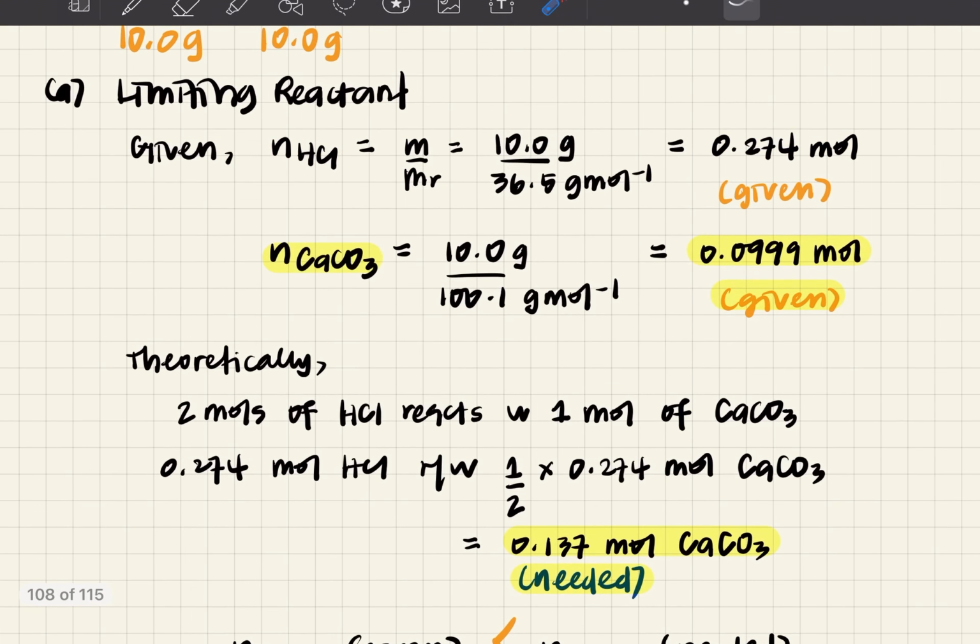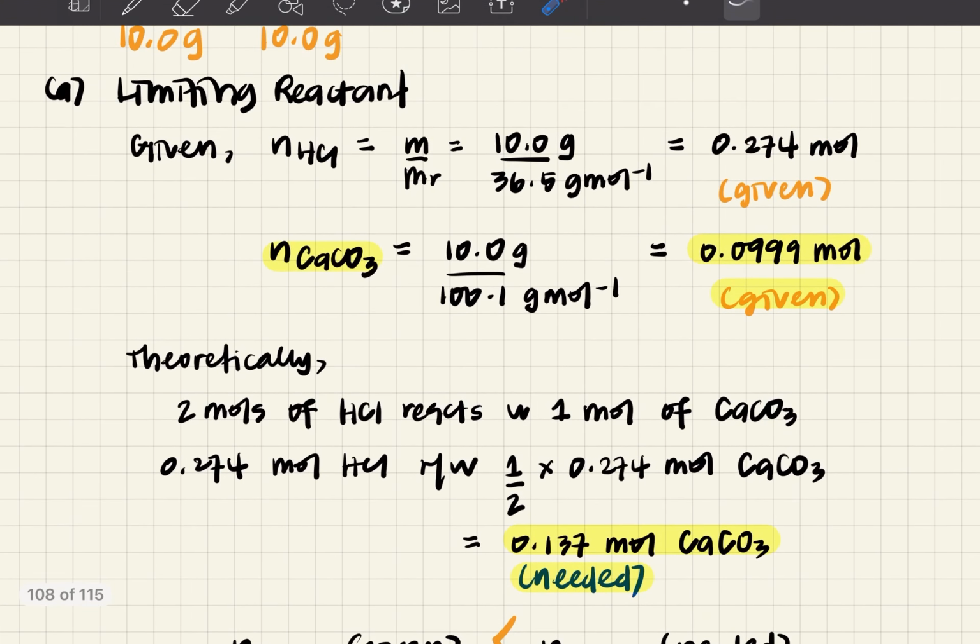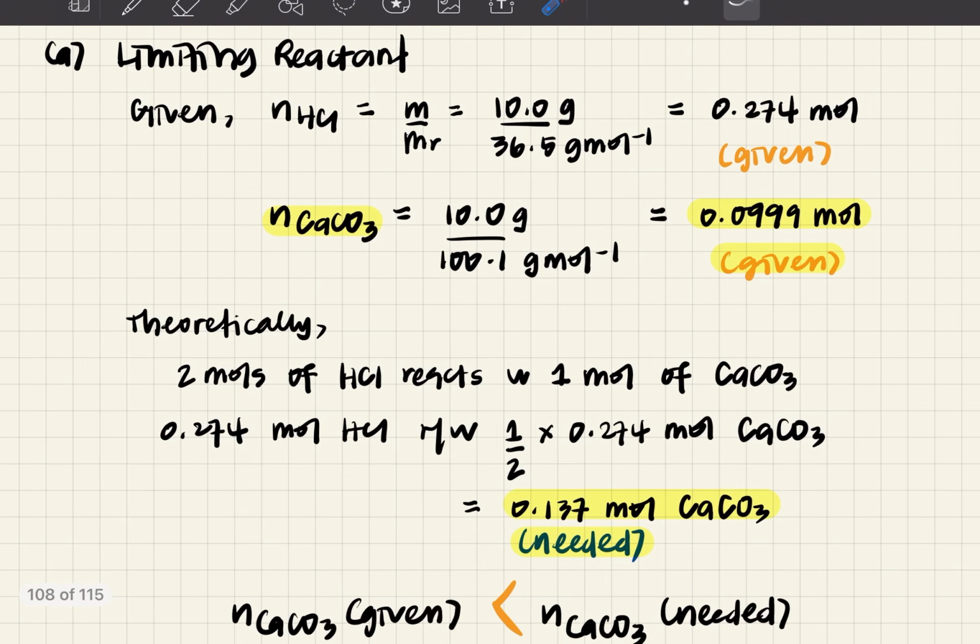Okay, so let's say, Miss, boleh tak kalau saya guna HCl, saya letak HCl instead of calcium carbonate, nak cari mole tu, boleh je? Okay, boleh je.